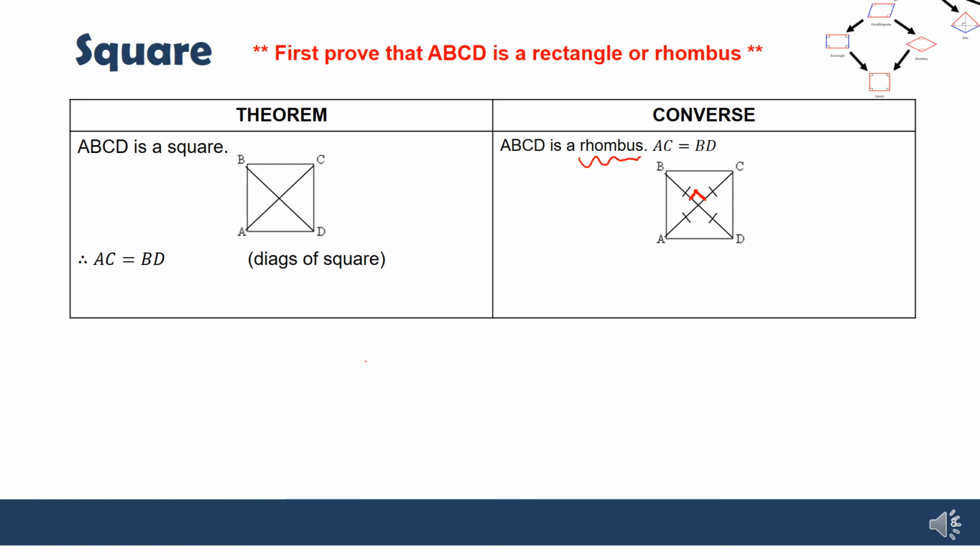We're given that the diagonals are equal to each other. So if I have equal diagonals that bisect each other at 90 degrees, it has to be a square. Okay, let's see how this plays out.